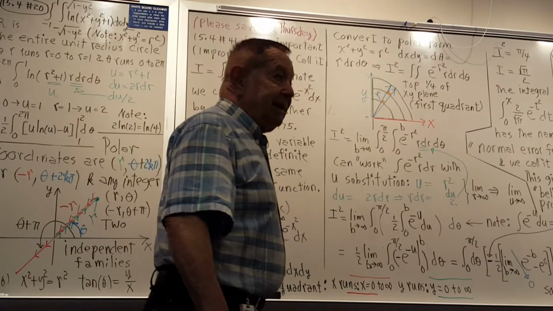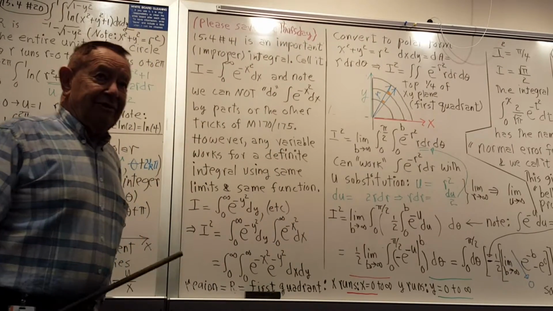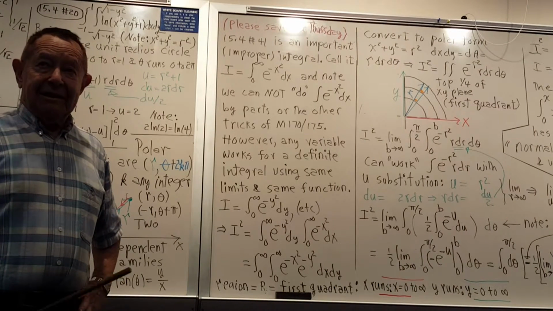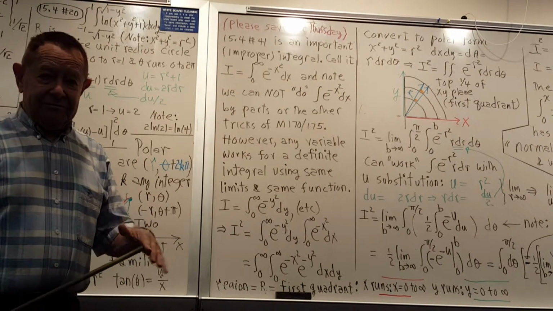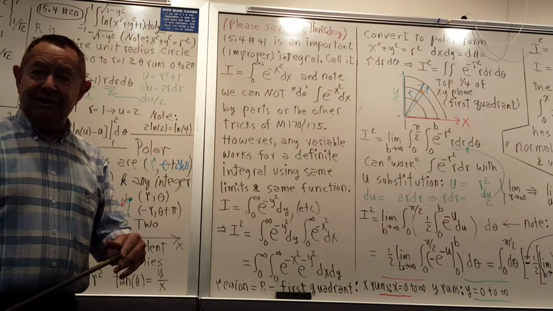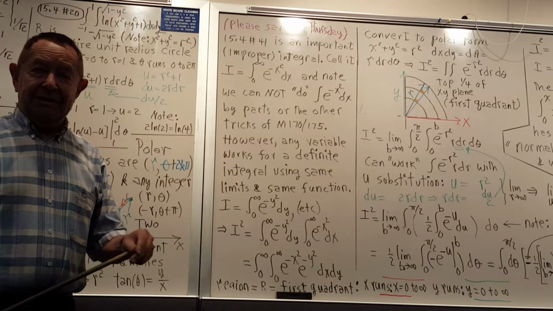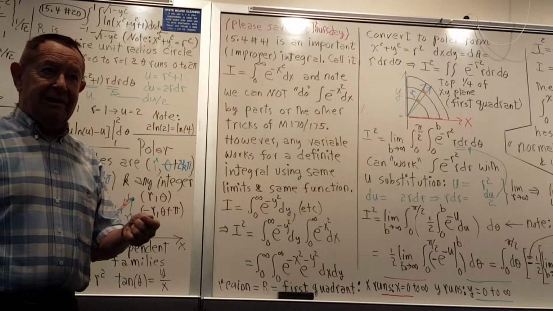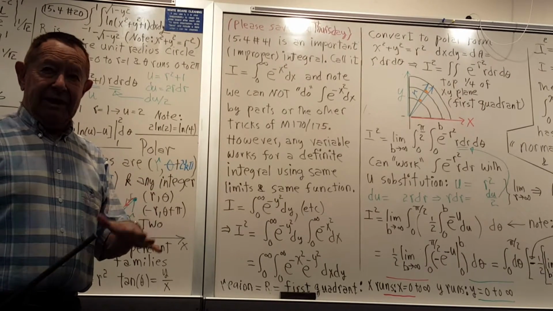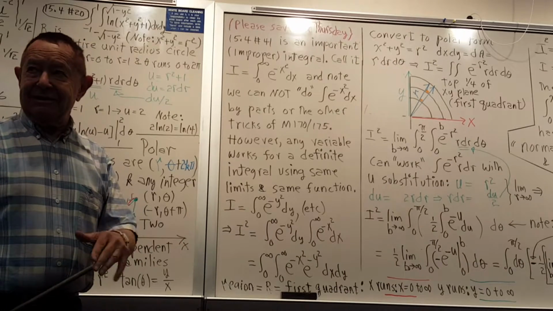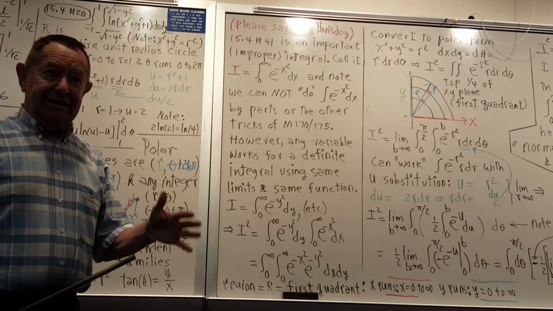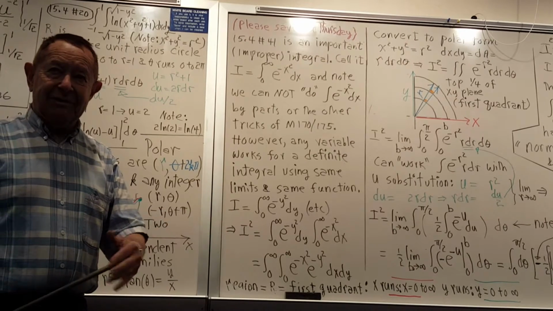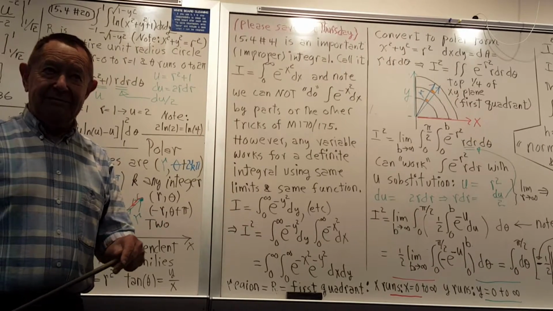Well, to be a valid probability function, it has to be that the integral from 0 to infinity is 1. For something to be a probability function, we require that no value is negative, probability is never negative, and that the integration over all possible values is 1.